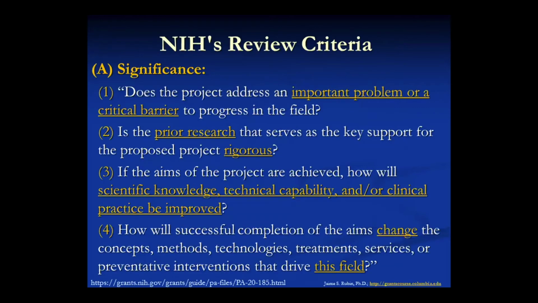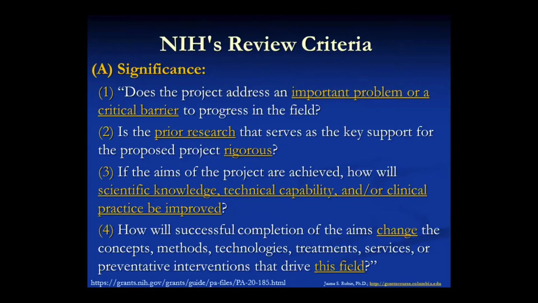So what are the different areas that the reviewers are looking for in terms of significance? Does the project address an important problem or critical barrier? Is it important? NIH is, and I'm going to touch on this a number of times, putting more emphasis on rigor, reproducibility, and transparency. And part of that is that the applicants need to discuss the prior research.